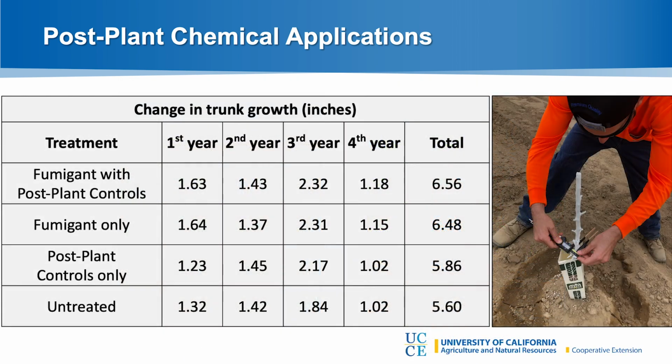And generally speaking, the first year overall growth, the fumigants were better. Now with the fumigants with the additional post-plant controls, overall significance wasn't clear, but the trees were a little bit bigger with just using the fumigant. And the post-plant chemical controls maybe helped middling.